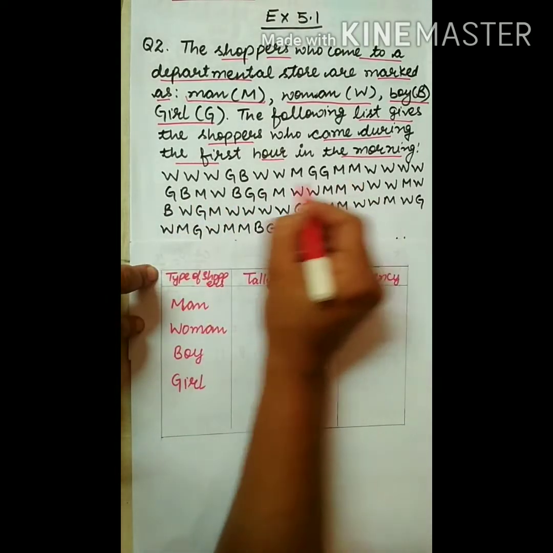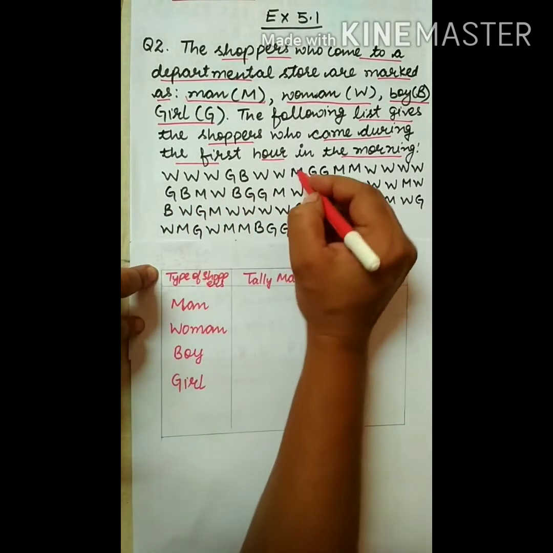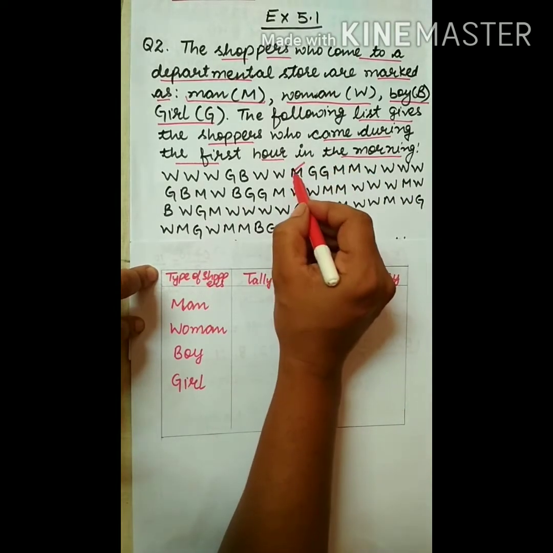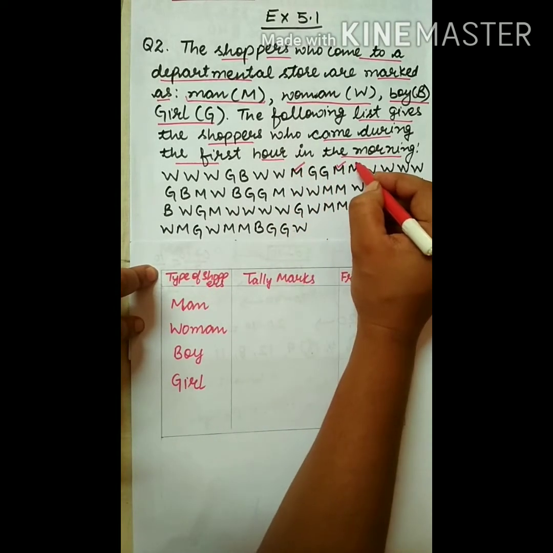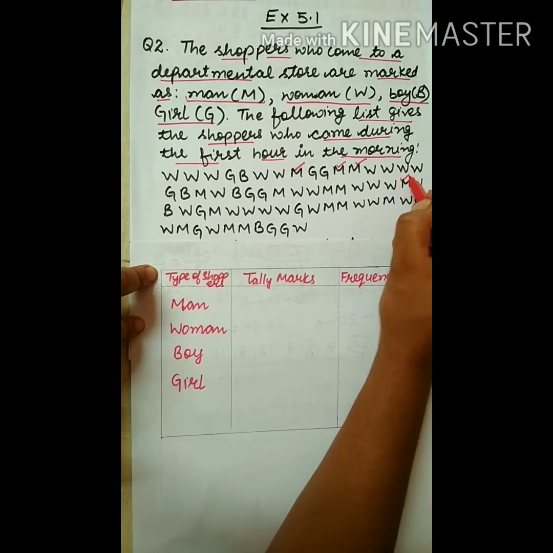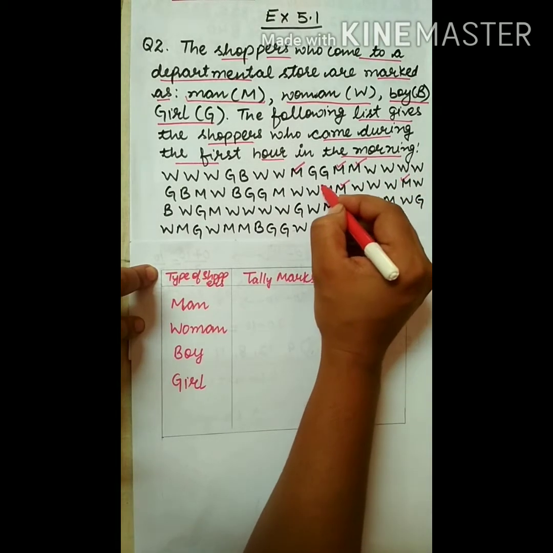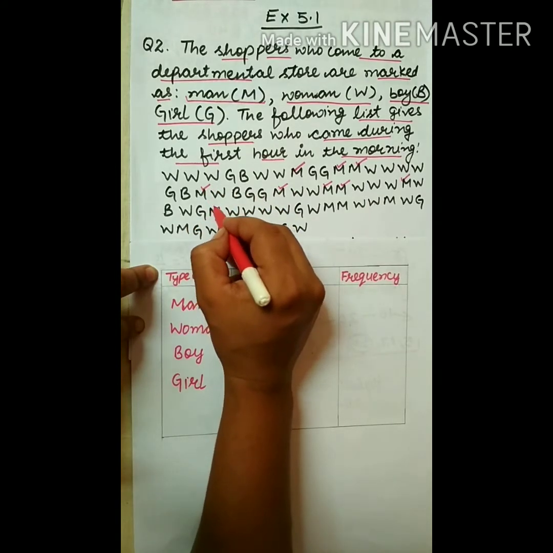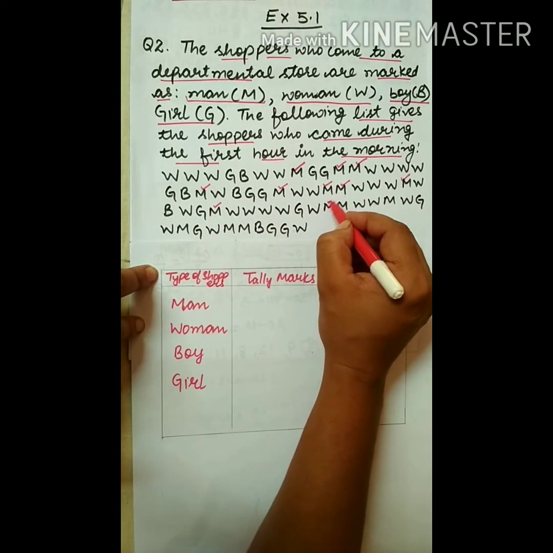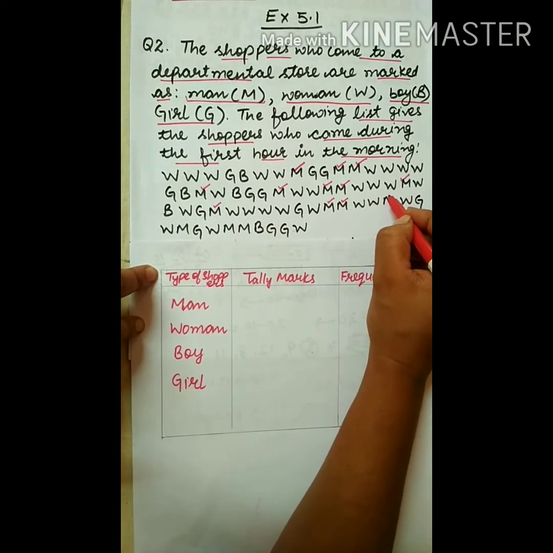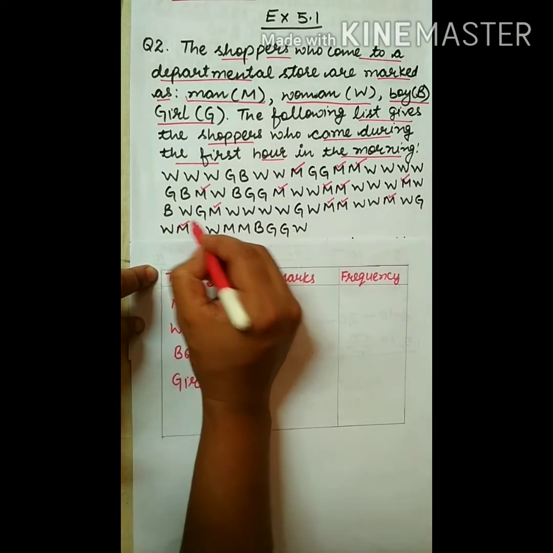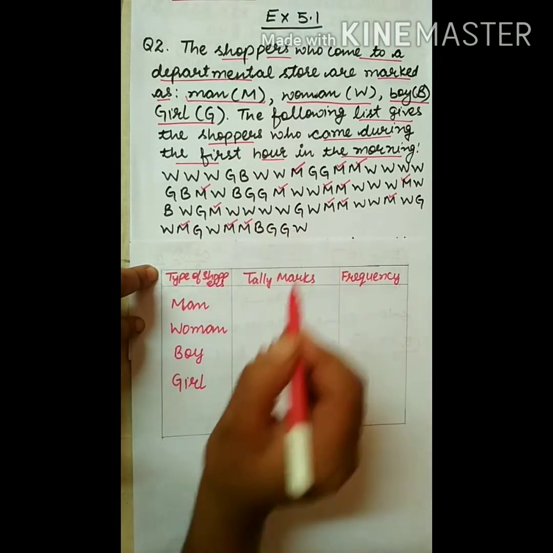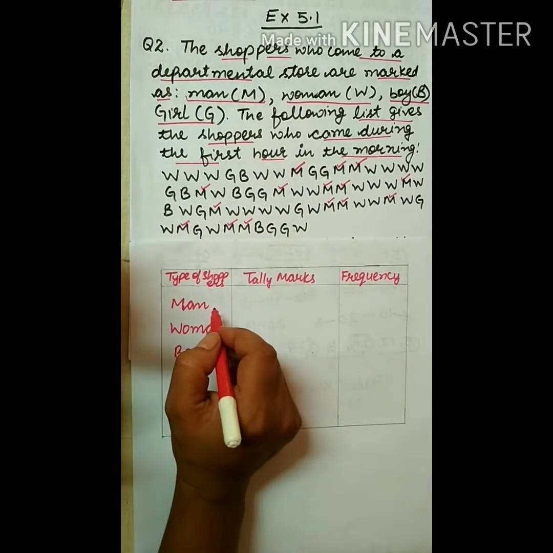Now I will count it from this. I will just tick M. 1, 2, 3, 4, 5, 6, 7, 8, 9, 10, 11, 12, 13, 14, 15. It means there are 15 men who visit the departmental store.